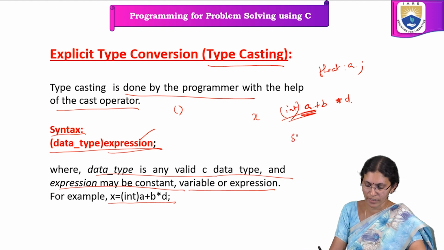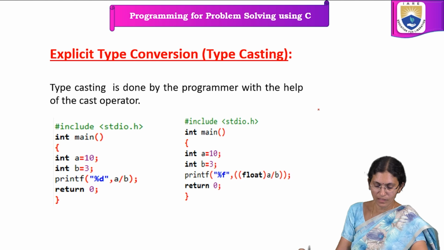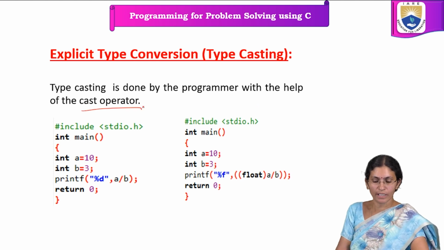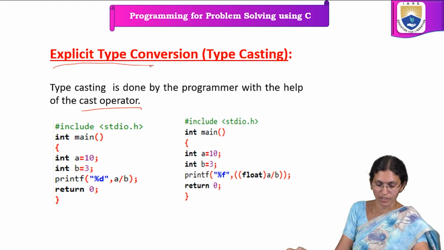Here the source data type is float type, and in order to convert it to integer, this is the syntax: int inside the brackets followed by the variable. Typecasting is done by the programmer with the help of the cast operator. It is done explicitly by the programmer, hence the name explicit type conversion.